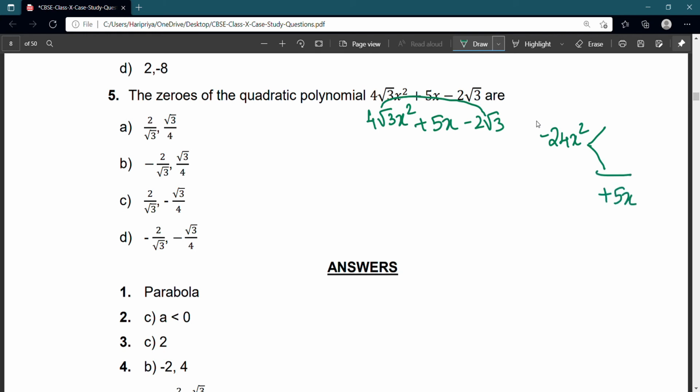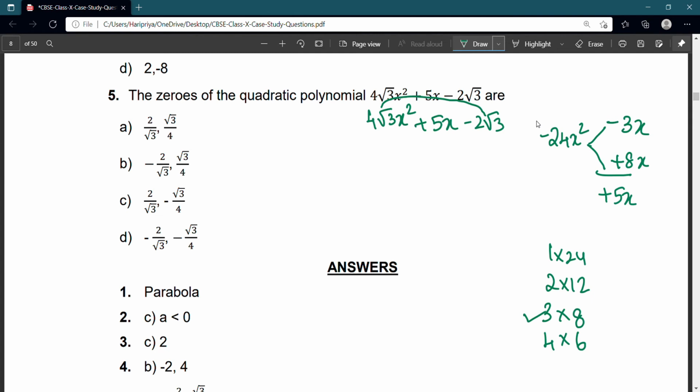So we're going to take the factors of 24, which are 1 into 24, 2 into 12, 3 into 8, or 4 into 6. If you look at these, 3 and 8 will give 5. So I am taking 3x and 8x. Since the sign for 5 is plus, I am taking the greater number as plus and the smaller number as minus.